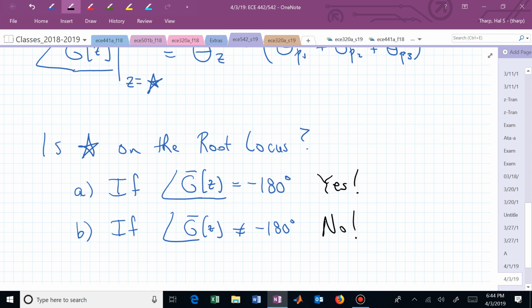If you were poking around, saying, okay, I'm going to put a star here and calculate the angle, then put a star here, you're guessing where the root locus is. That's a slow process. You don't want to do that. But if somebody just gave you a z location and asked, is this z location on the root locus? Do you see how you could make that determination and it wouldn't be too difficult? You just need to find all of your angles, add them up algebraically, and see if the angle sums to minus 180.